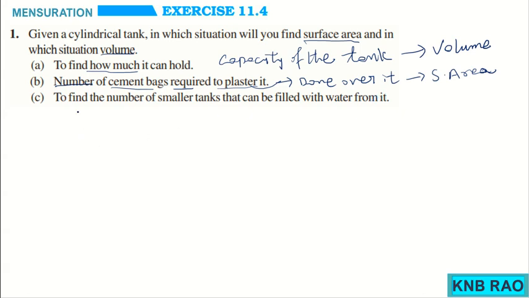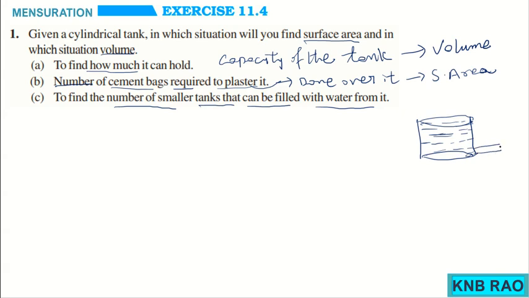Okay. Then third, to find the number of smaller tanks that can be filled with water from it. See, you have got a big tank, maybe with a certain capacity, and in that entire tank you have got water, and you are taking it away from the tank and filling maybe smaller tanks or smaller water cans.